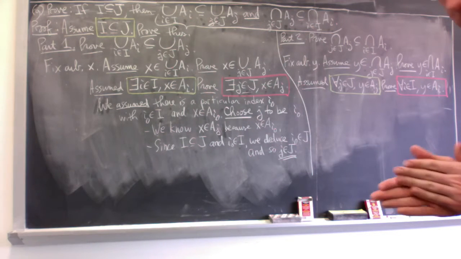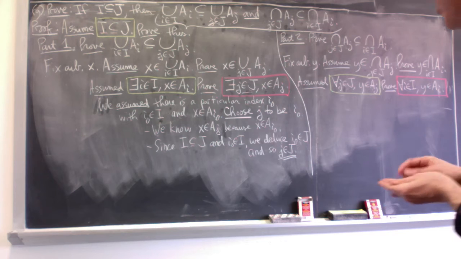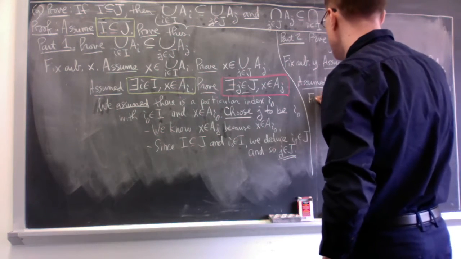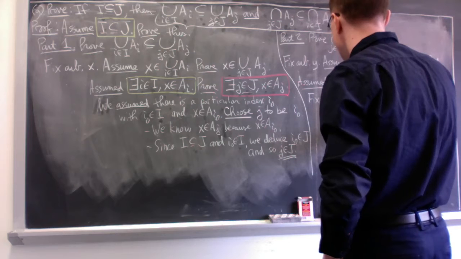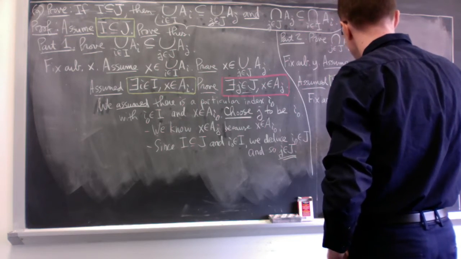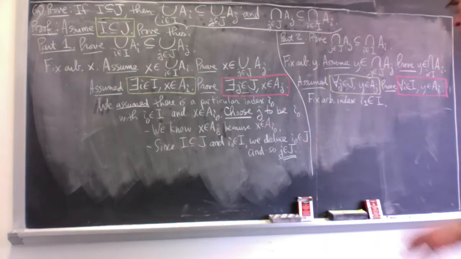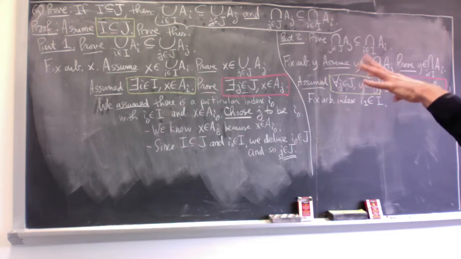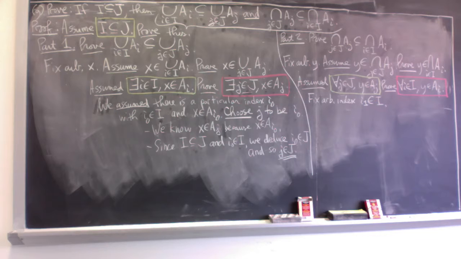To prove for every i in I, we have to fix an arbitrary index. Let's call it I1, just so it doesn't look like this guy, although we could reuse I0, but just to avoid any chance of confusion, I'll make a new constant here.